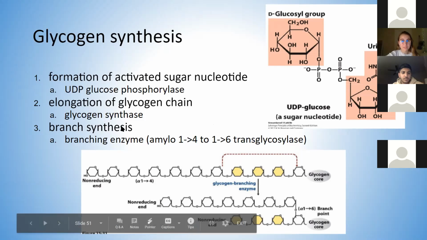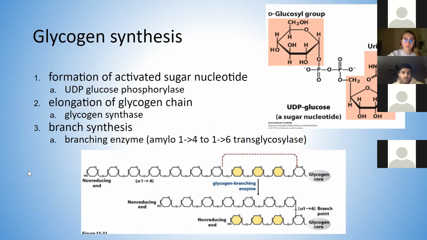In the third step, we learned about how we synthesize the branch points for glycogen. So essentially, the enzyme that carries this out is the branching enzyme. I love the enzymes when they reflect what they do. So essentially, this is an amylo-1,4,2,1,6 transglycosylase.